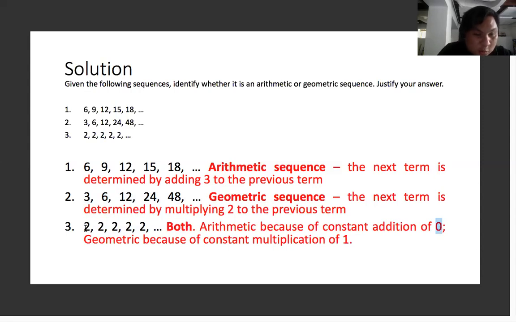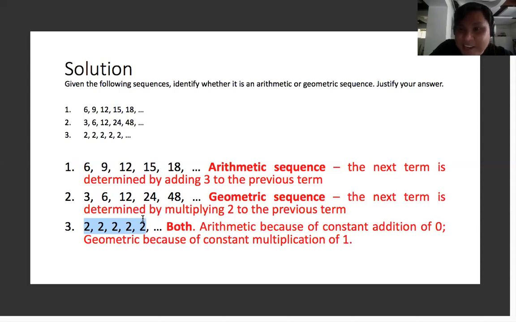So 2 plus 0, that's 2. Plus 0, that's 2 again. Plus 0, that's 2 again. Plus 0, that's definitely 2 again. So definitely it does satisfy the criteria for an arithmetic sequence.